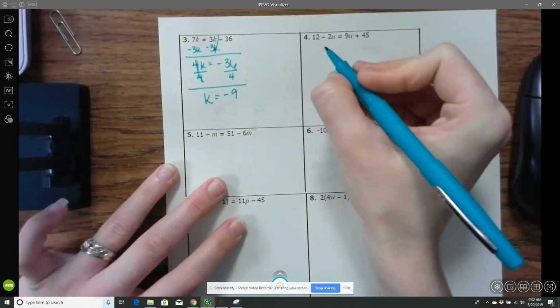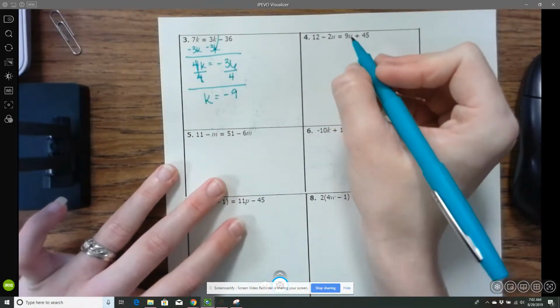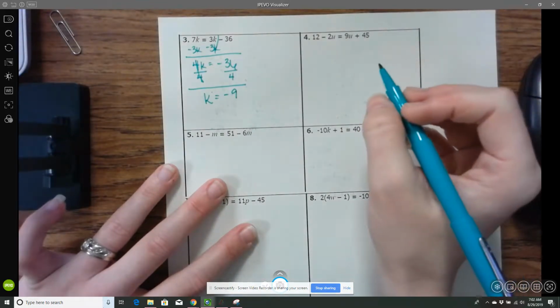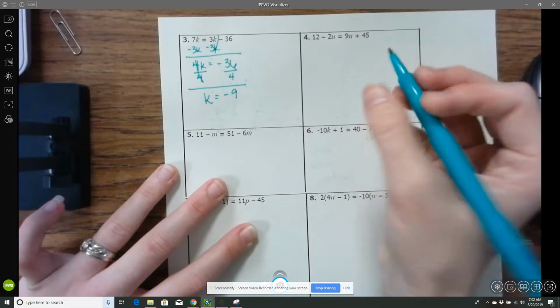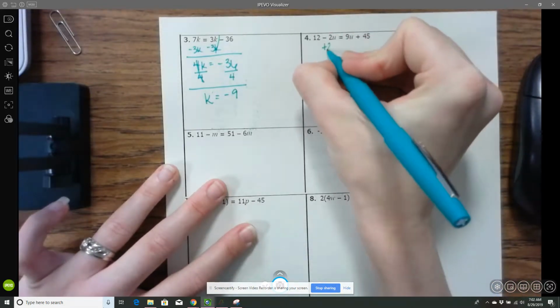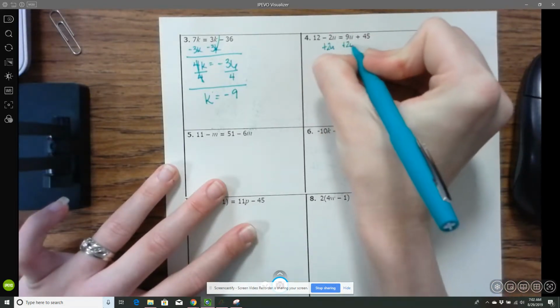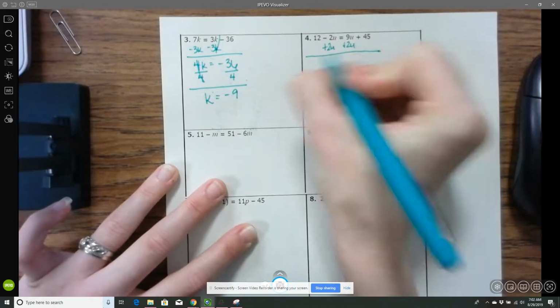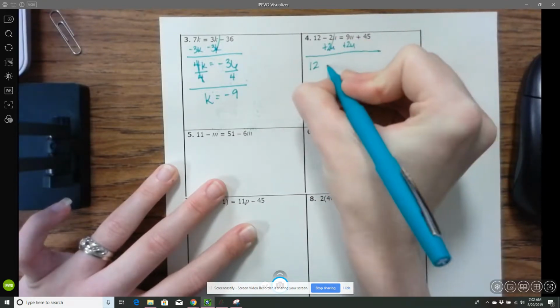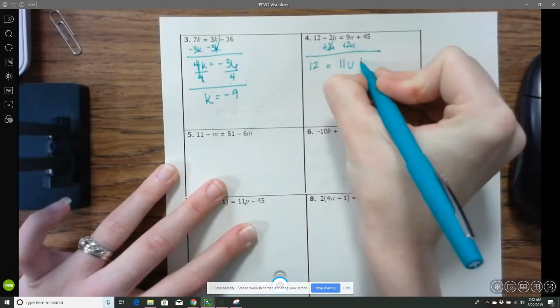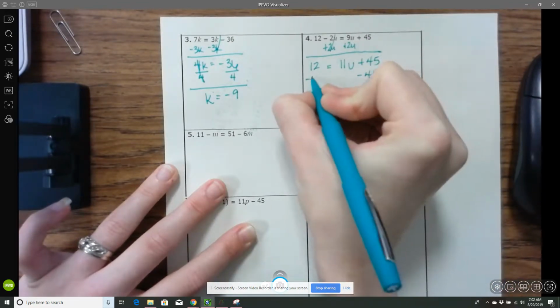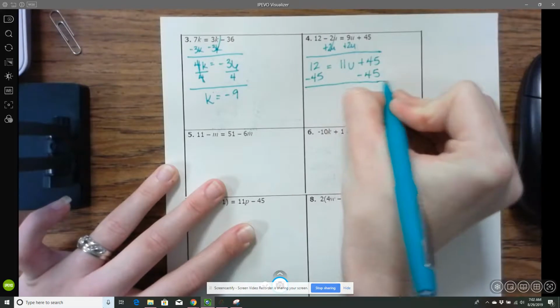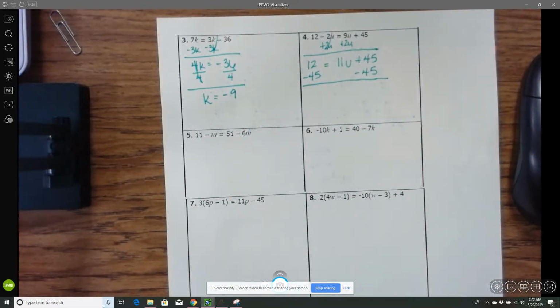Here I've got 12 minus 2u plus 9u equals 45. So in this one, I'm going to add the 2u to both sides. Let's see what happens when we do that. So again, we're left with a two-step equation.